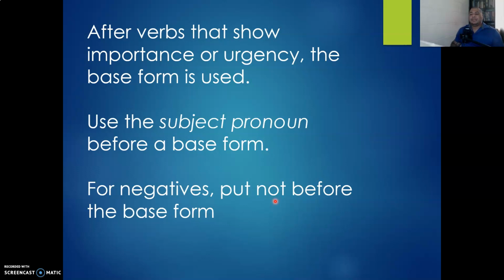For example, it is advisable that we not go, or to give you another example, it is important that she not say who gave her the gift, that she not say. I am not saying it's imperative that she doesn't say, it's imperative that she not say.